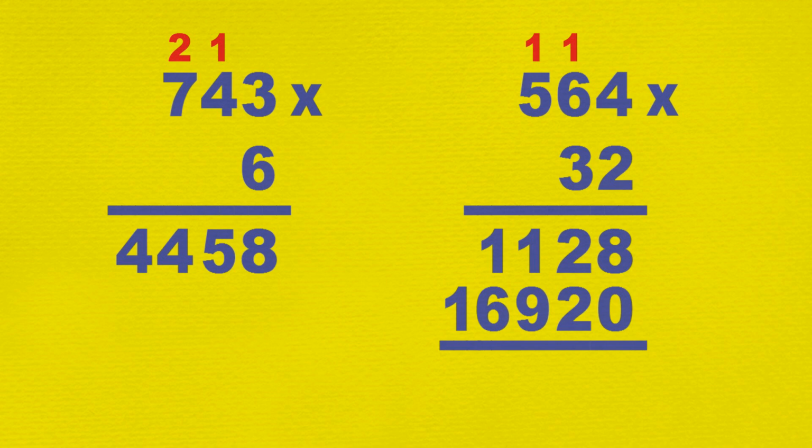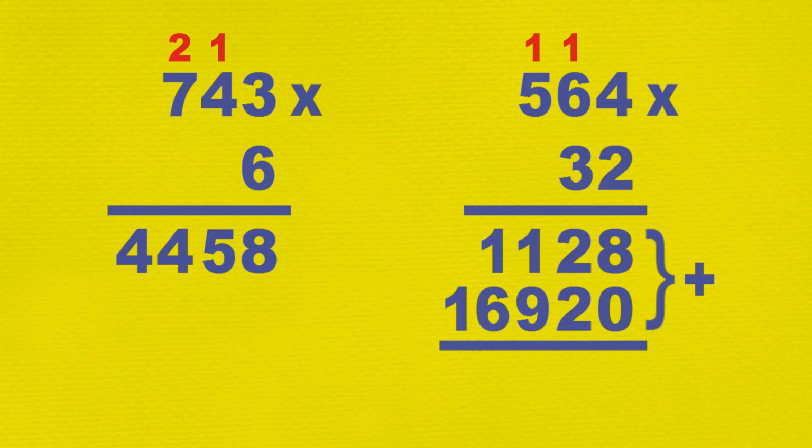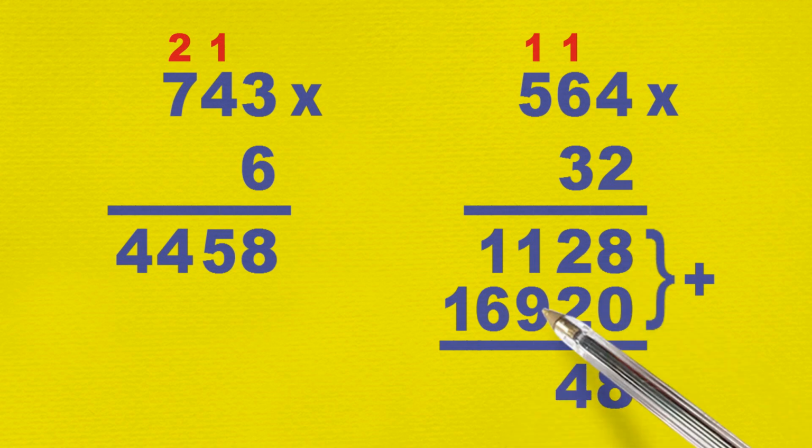Finally, another line is drawn underneath, and the two numbers in between the lines are added. Starting with the units position, 0 plus 8 equals 8, then 2 plus 2, which equals 4 in the tens position, then 9 plus 1, which equals 10.